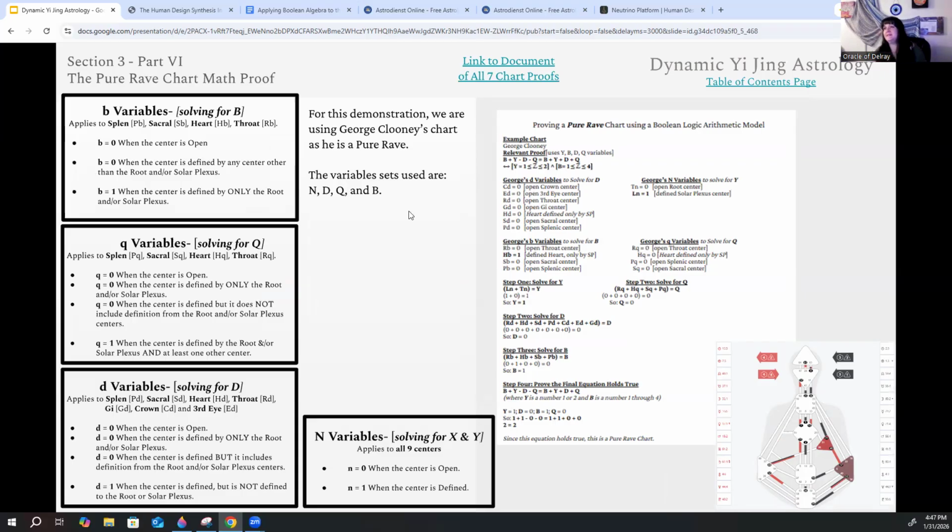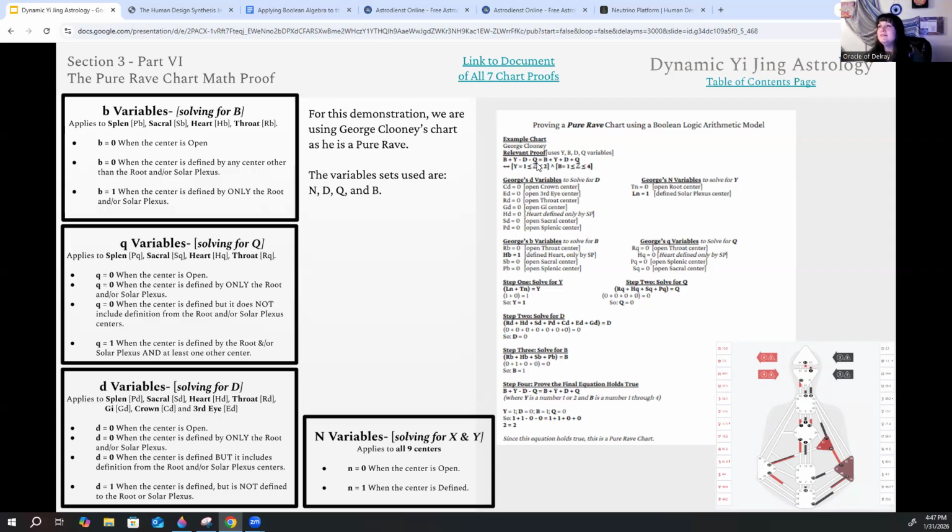And this is the proof. You want his variables to plug into here and for all of these to be true. So you want both the equation up top to be true as well as the rules at the bottom. So b plus y minus d minus q equals b plus y plus d plus q.